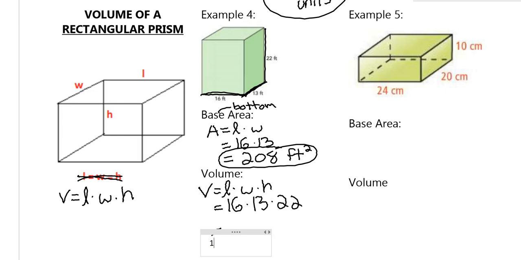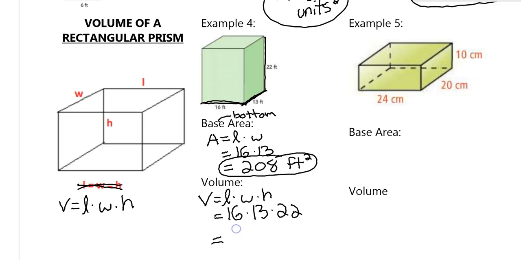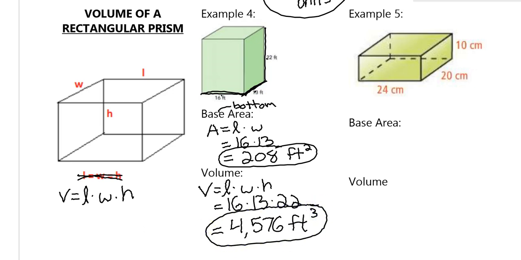And I get 4,576 feet. Now I used 3 numbers, so it's cubed. Okay, volume, we have a cubed unit. Be very careful with that. 4,576 feet cubed.